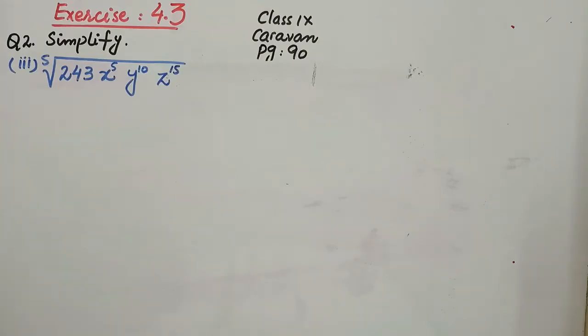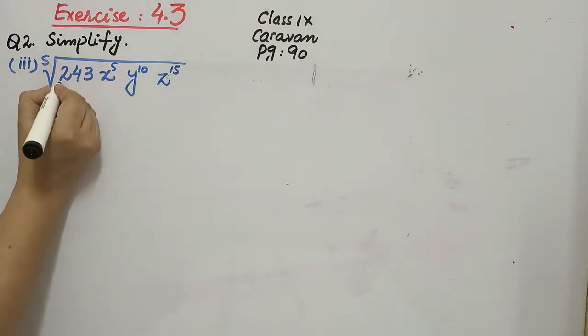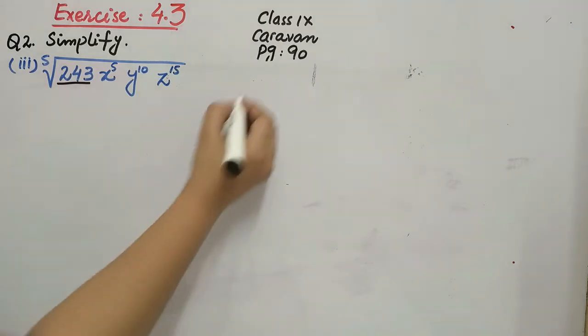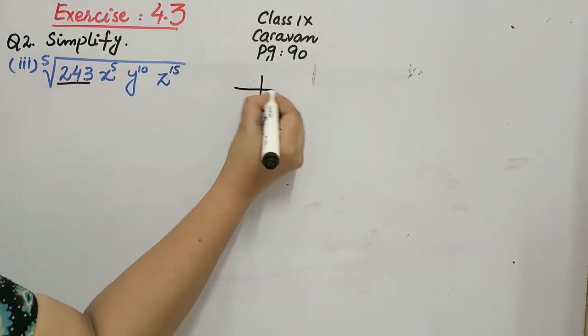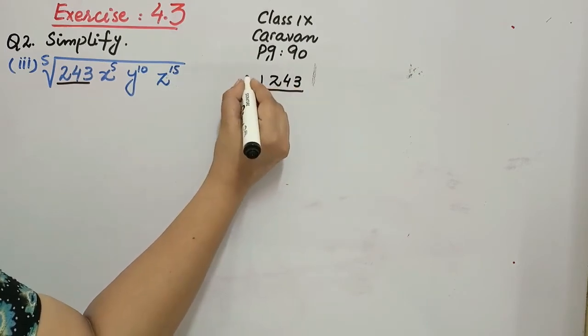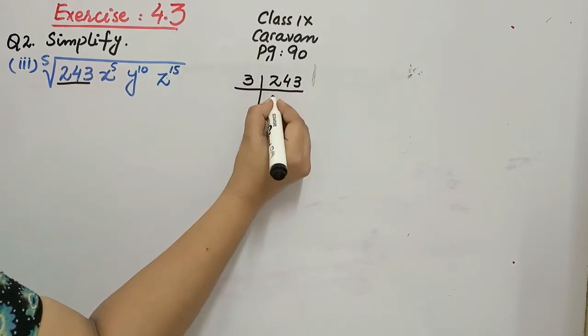Now I am going to solve question number 2, its third part, that is the fifth root of 243 x raised per 5, y raised per 10, z raised per 15. So first of all, as we have 243, right now we are going to do prime factorization of 243. It is divisible by 3.